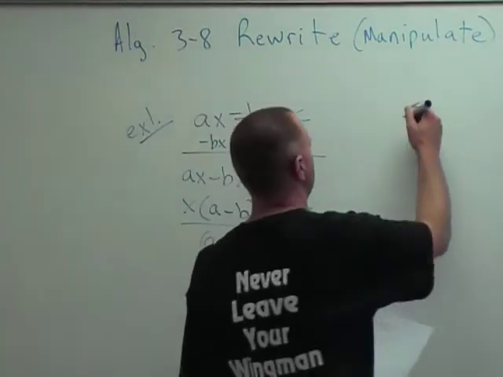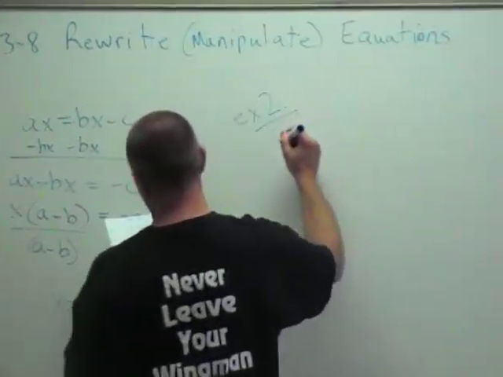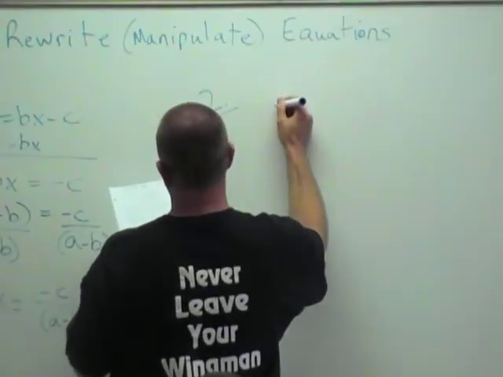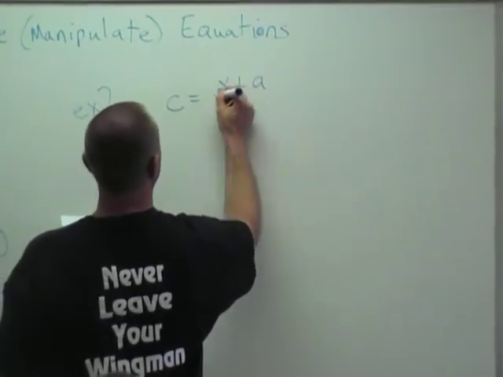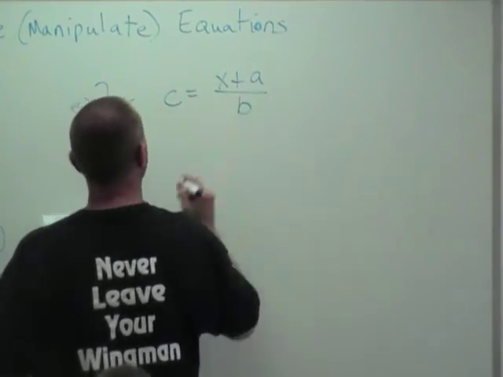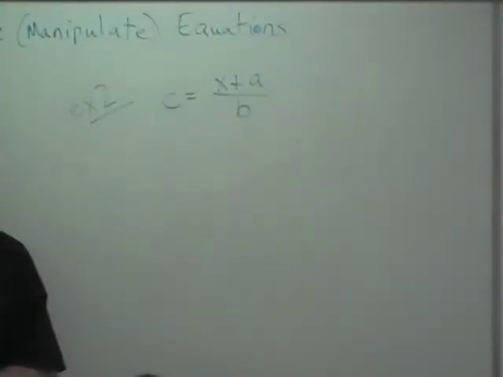All right, let's do another one. Example 2. Example 2 is C equals X plus A over B. Again, I want to solve for X. What's the first thing we do?